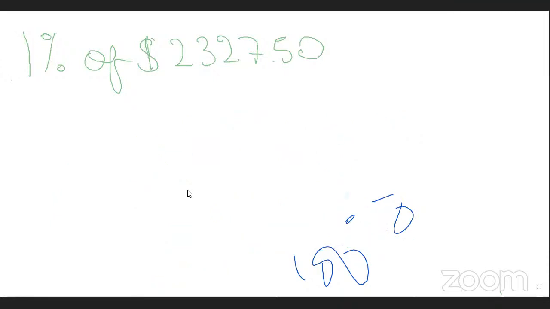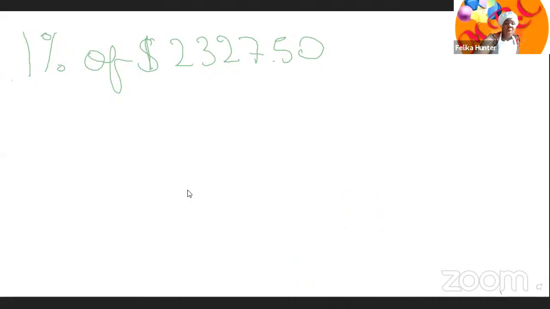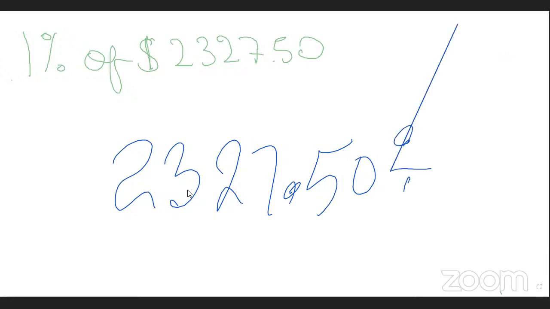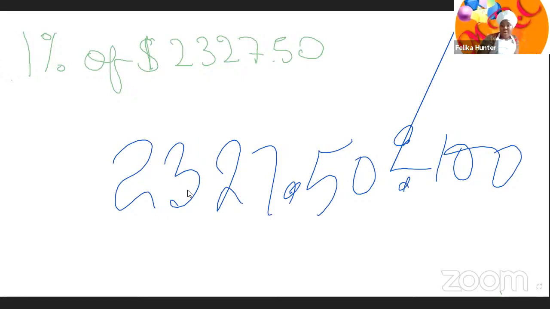You should know that when I write down 1% of $2,327.50, I am going to be dividing this by 100. The fact that I'm dividing by 100 means that I am going to be moving the decimal point 2 places, 1, 2.